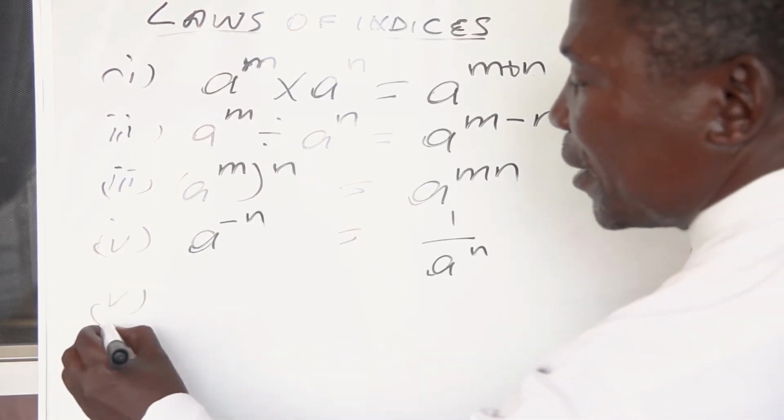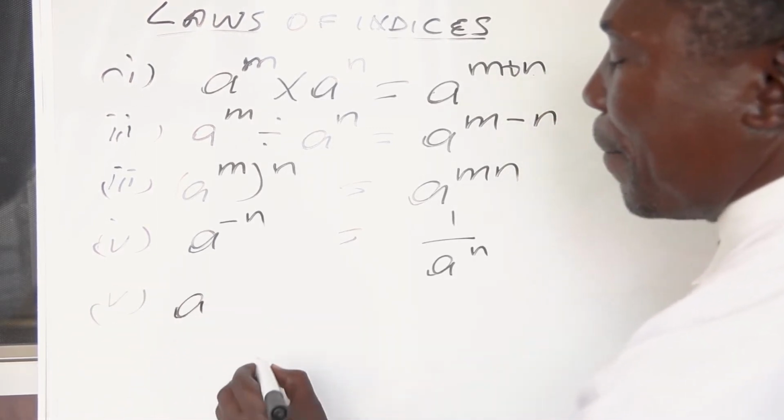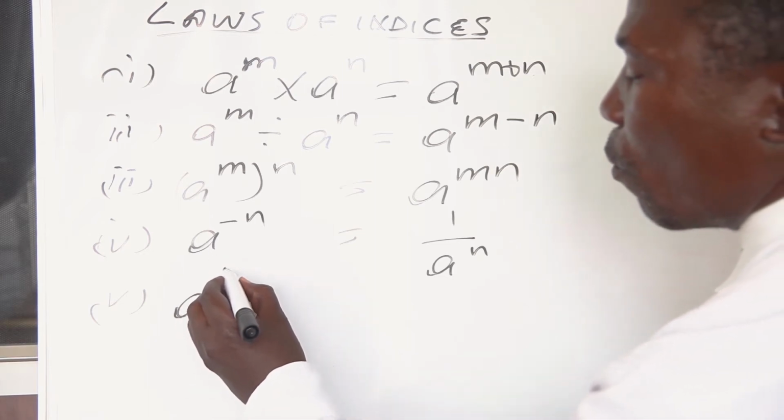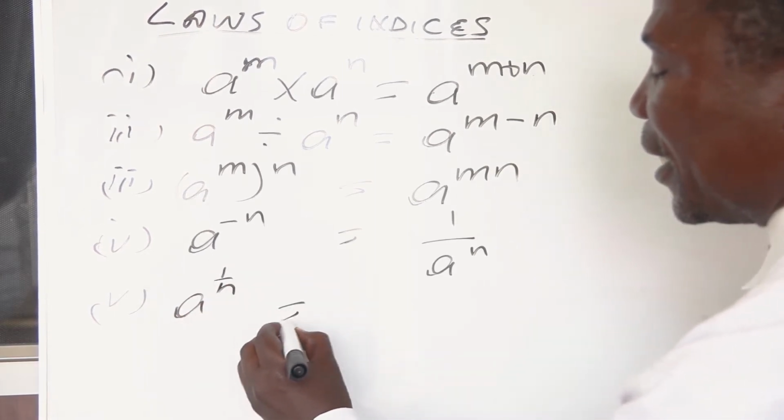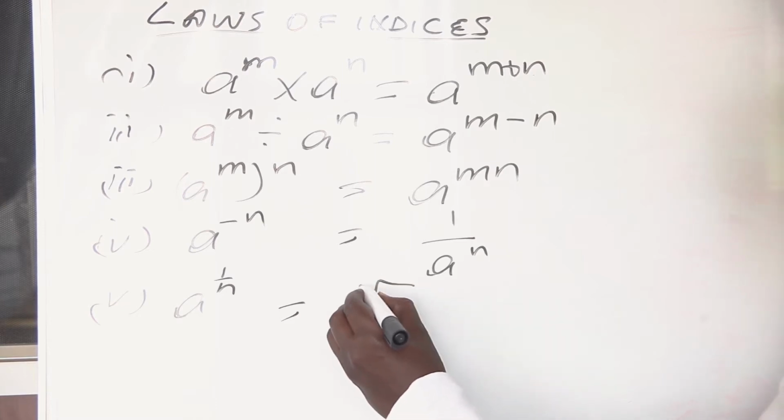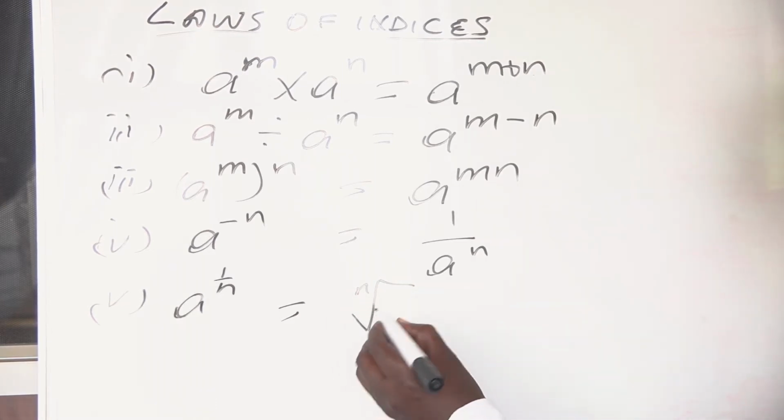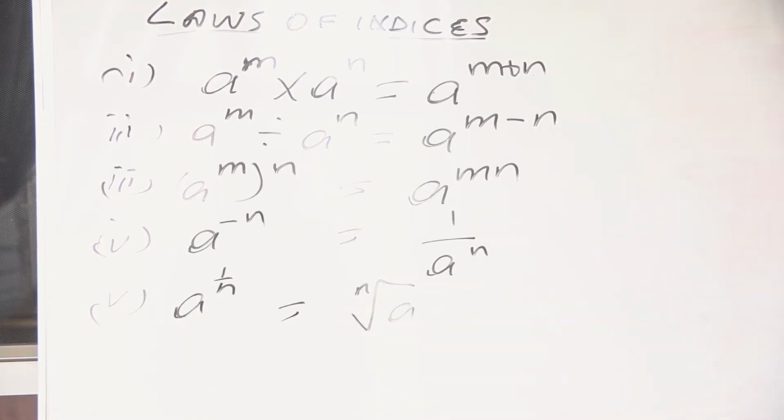Fifth, if I have a power 1 over n, this will be the nth root of a.